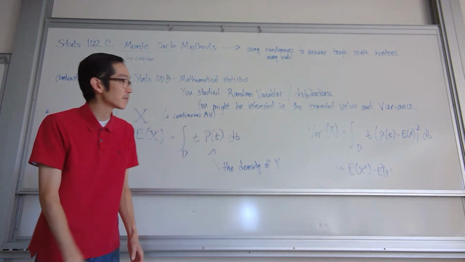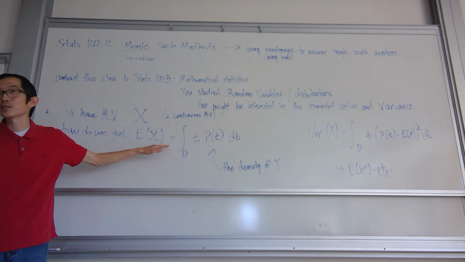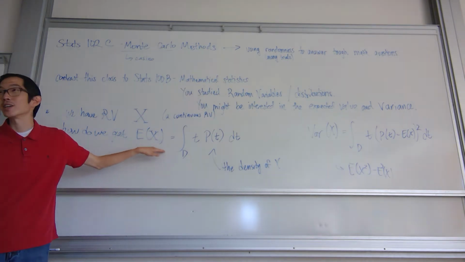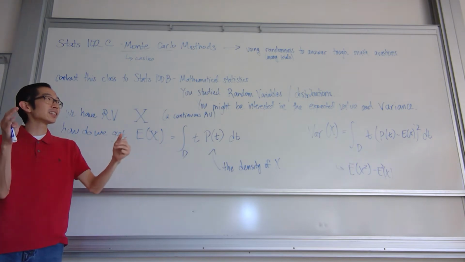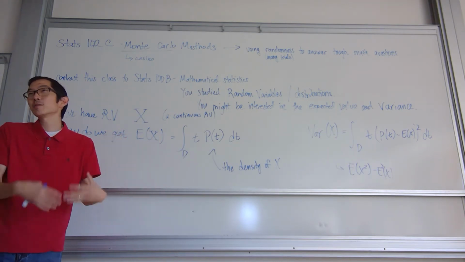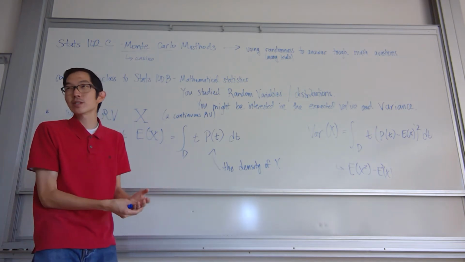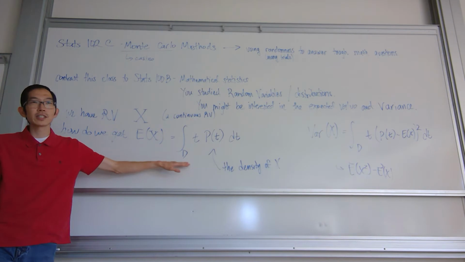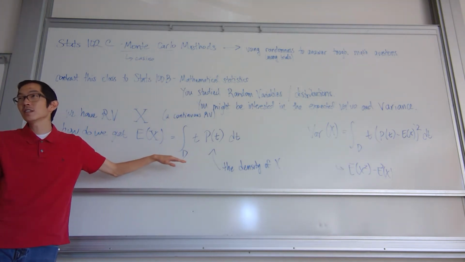But we want to avoid doing this math because this math can be hard. And so Monte Carlo methods asks, can we use a computer and its ability to generate random numbers to give us approximate answers to these things?